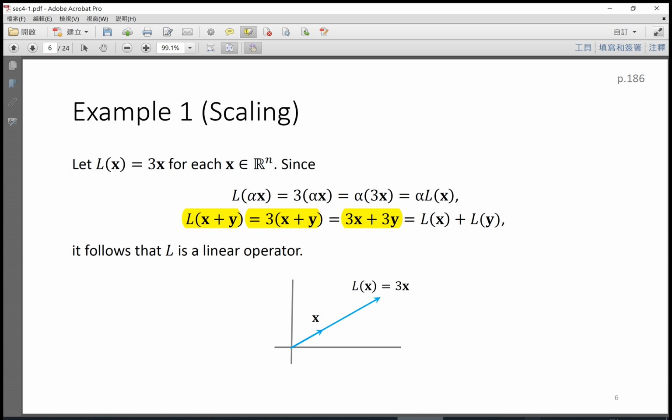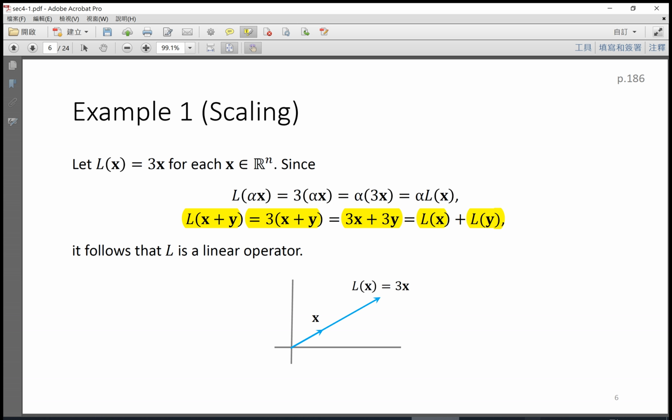Then by definition of L, we know 3x is L(x), while 3y is L(y). Since L(x + y) equals L(x) + L(y) for all x, y in Rn, therefore L satisfies the additivity property.